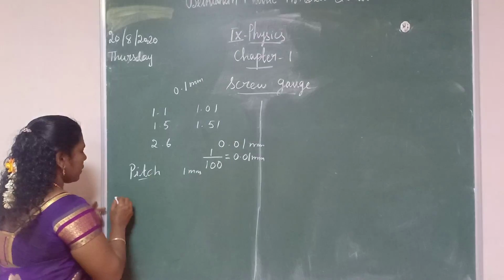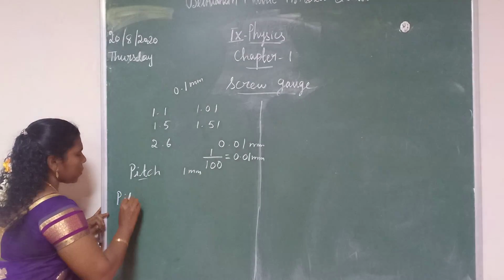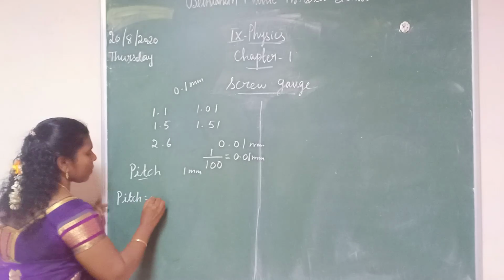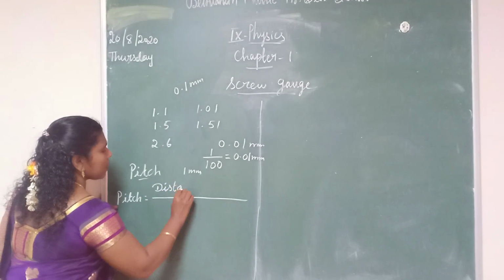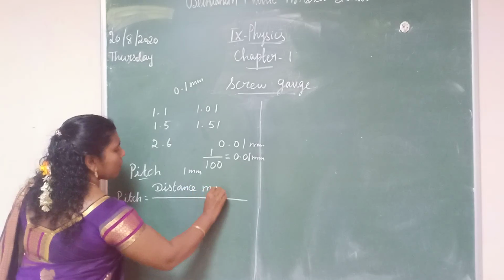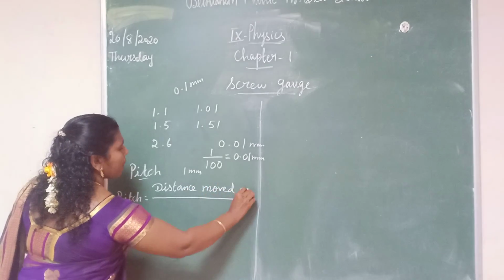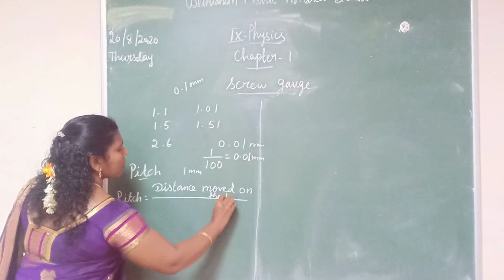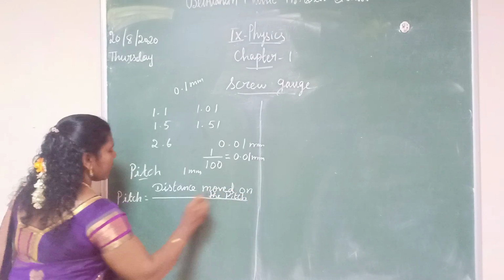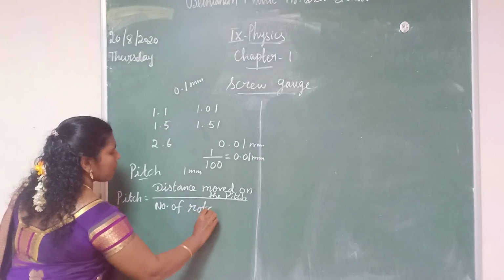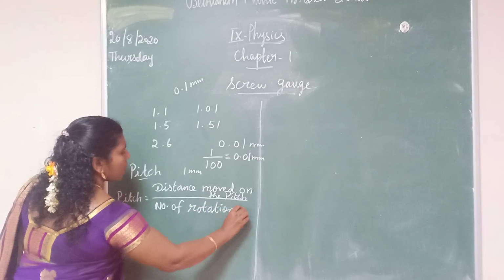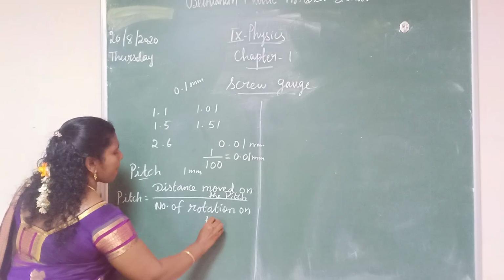Now I am writing the formula. Pitch equals distance moved on the pitch scale divided by number of rotations on the head scale.